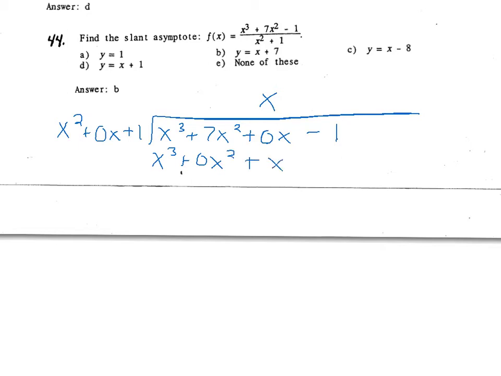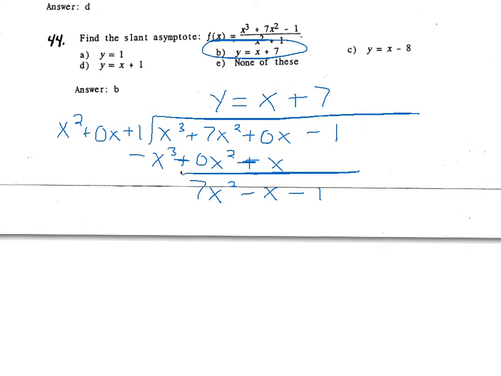And then I want to change all the signs. So I end up with 7x squared minus x minus 1. And then I'm going to need to have a plus 7. And that is my slant asymptote, y equals x plus 7. So that'll be choice B.